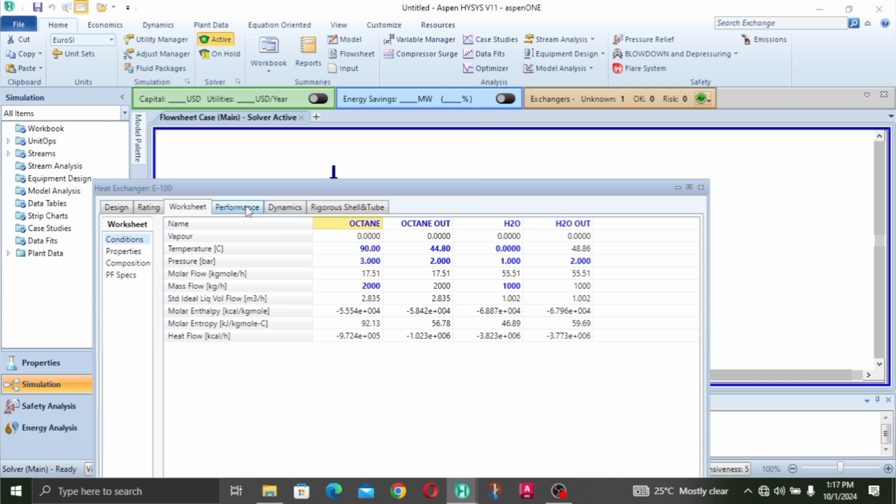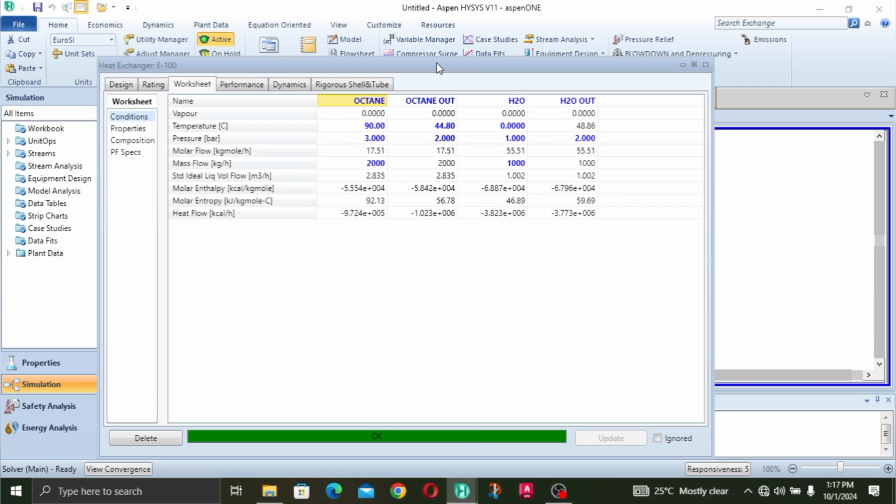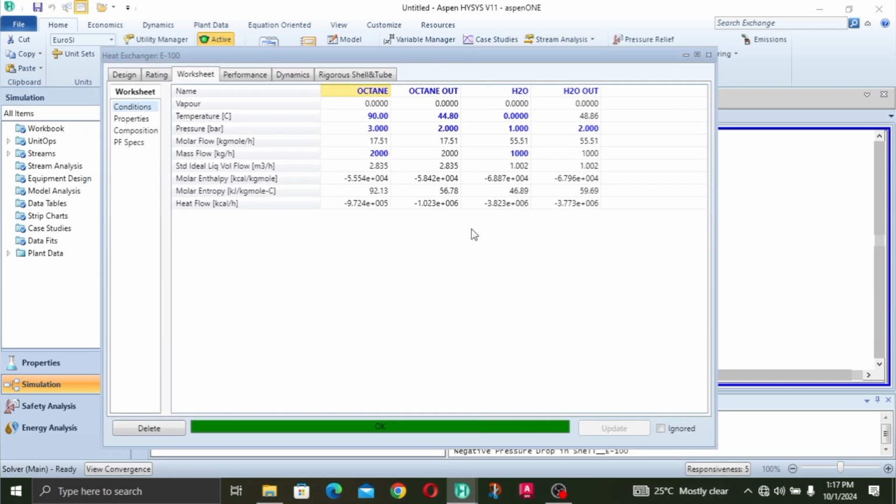We have increased it, and we expect that the rate of heat transfer, thermal energy transfer, increases, and it just did. Earlier we were having 20-something for our outlet temperature for our H2, but after doubling our mass flow rate, the rate of heat transfer increased significantly. It doubled to 48.86. So this is how the mass flow rate affects the heat transfer.